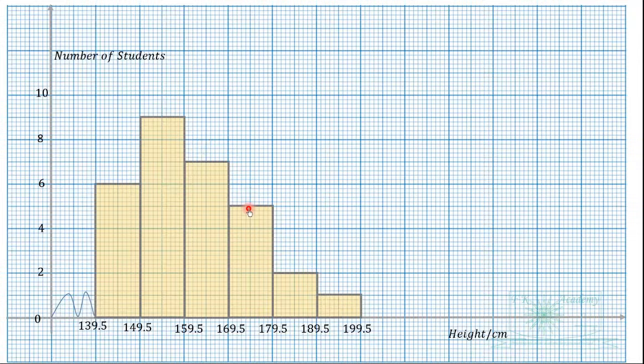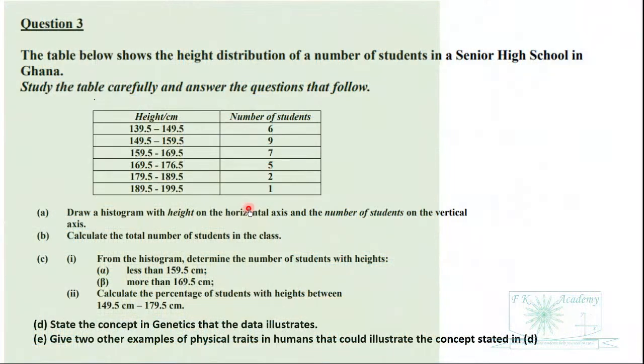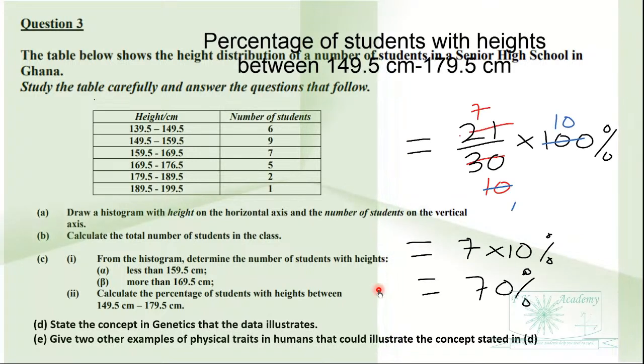So we have 21 out of 30 times 100%. And this will simplify to 70%.